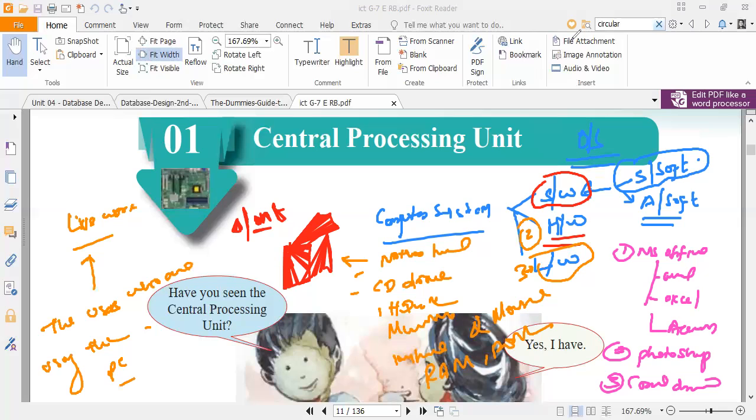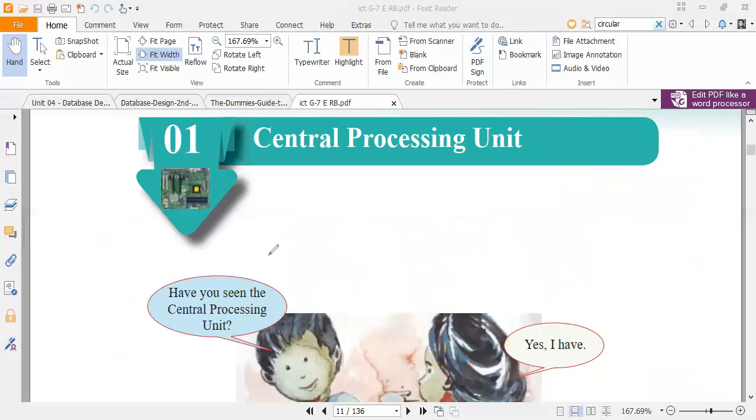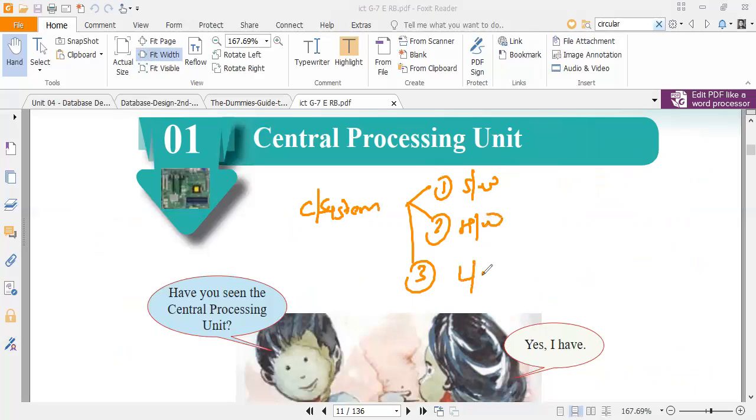So now it is clear that if you take a computer system, there are three important components. One is software, second hardware, third liveware.